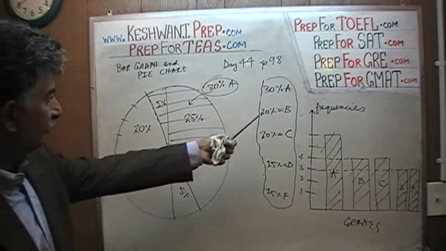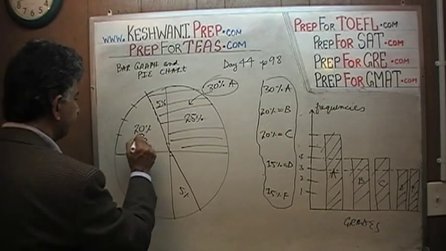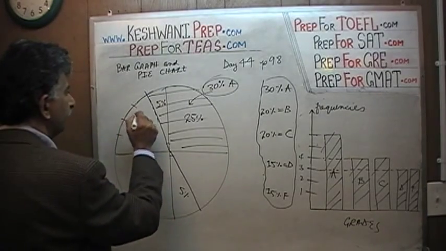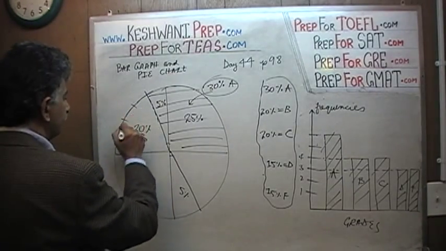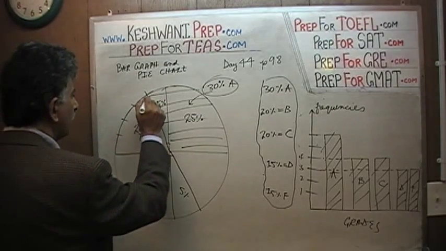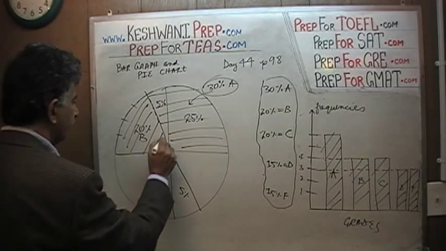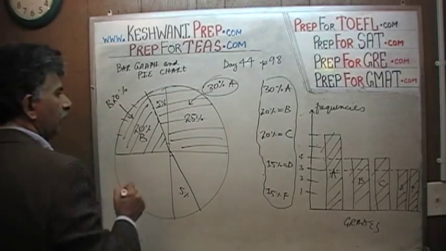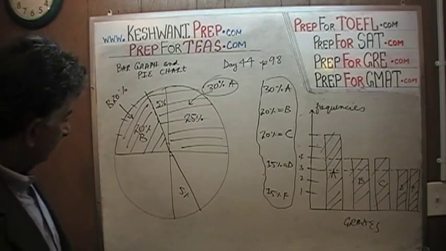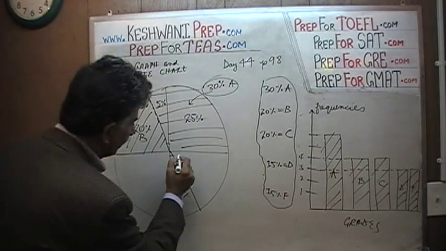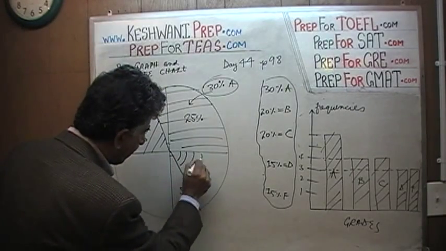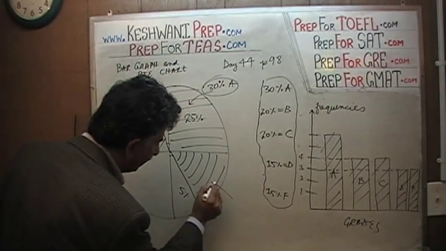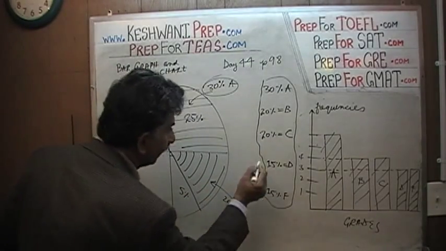This is 20%, that's B right there. C is also 20%. So if this is 5%, that part is also 20%. This part right here is also 20%, and that can be our C.